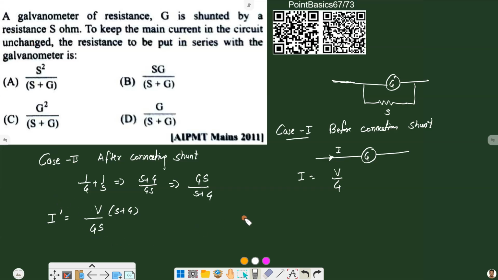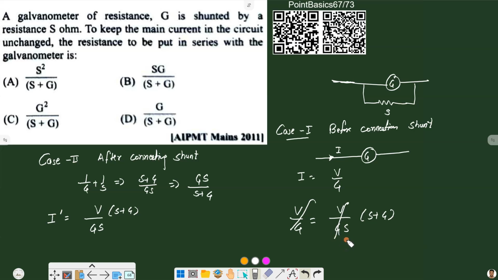So what is the value of this S? If current is unchanged, then I dash and I are equal. So V by G is equal to V by GS into S plus G. And from this it looks like both are cancelling each other.